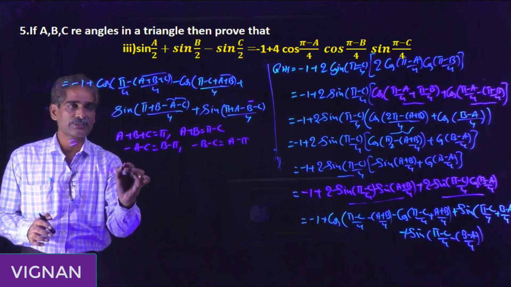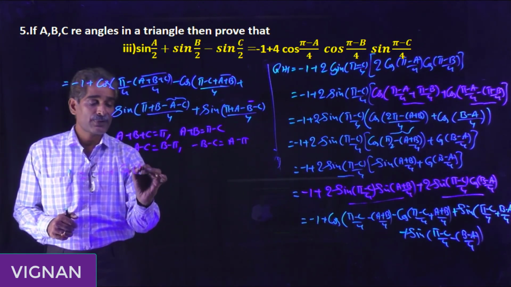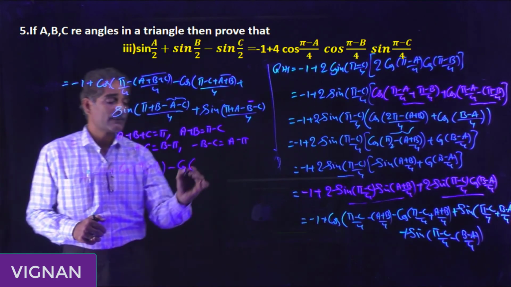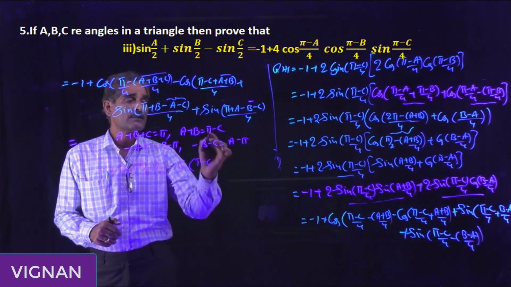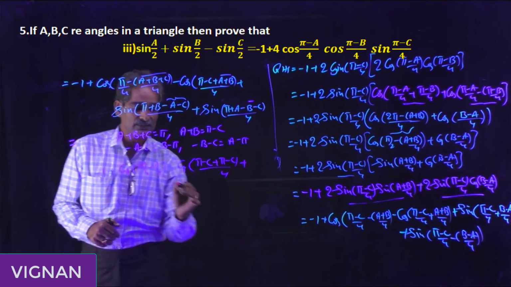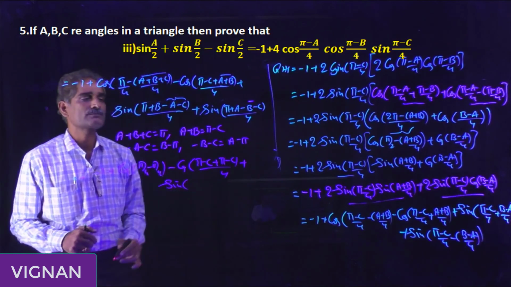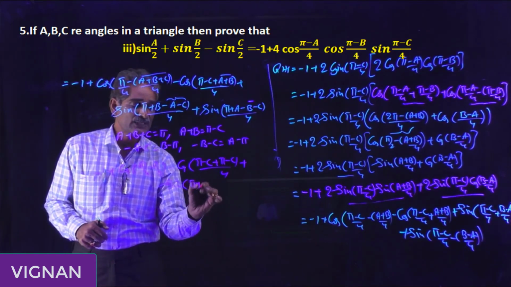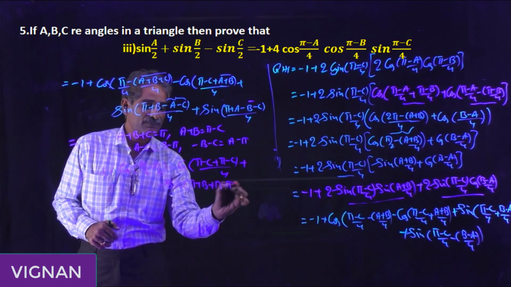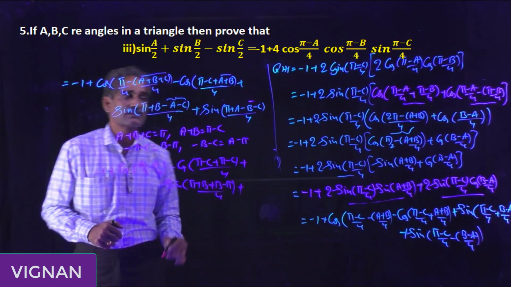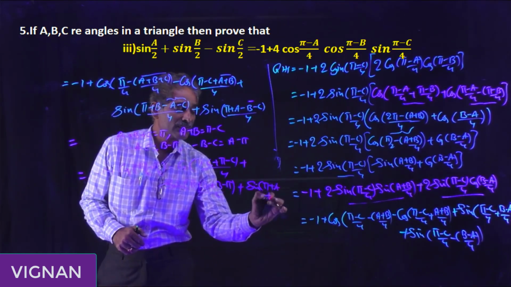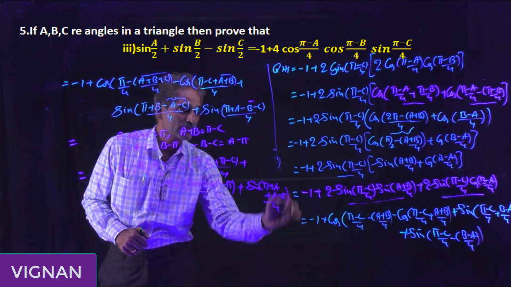So minus 1 plus cos of (pi by 4 minus pi by 4) minus cos of (pi minus C plus pi minus C)/4 plus sin of (pi plus B plus B minus pi)/4 plus sin of (pi plus A plus A minus pi)/4.